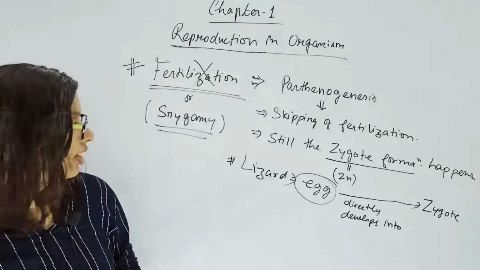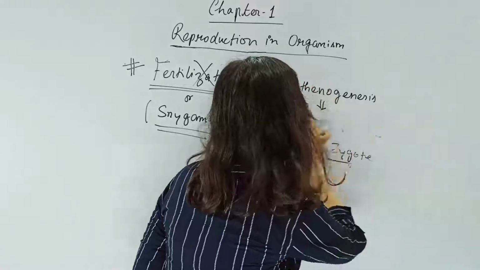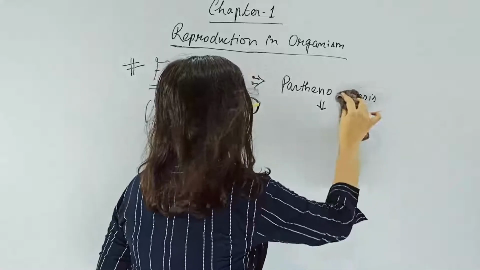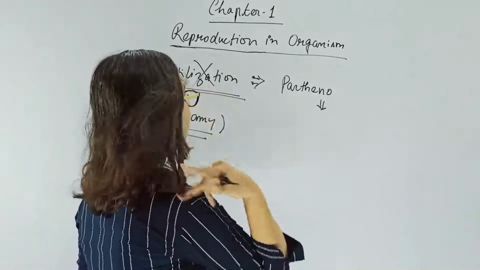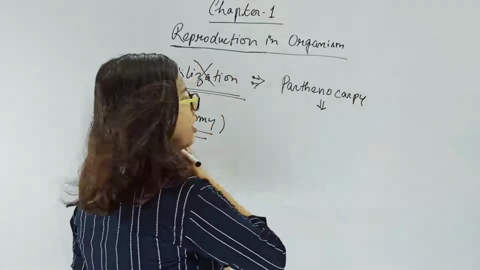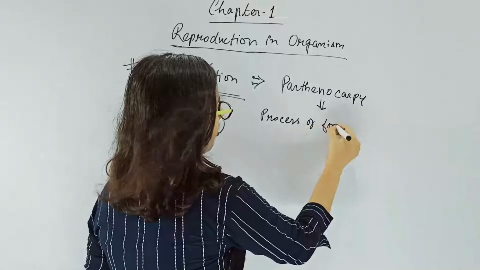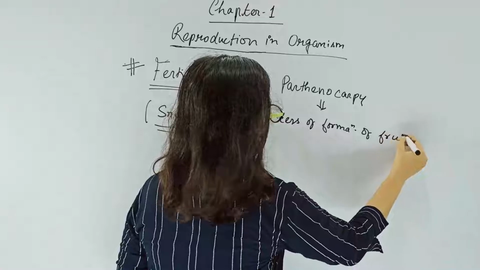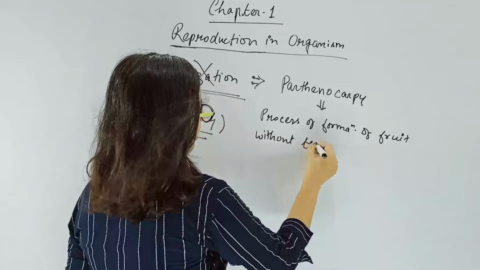Same way, in case of plants, there is a process called parthenocarpy. This is parthenogenesis, and this happens in case of animals. But in case of plants, there is also formation of fruit without fertilization, which is termed as parthenocarpy. Parthenocarpy is the process of formation of fruit without fertilization.